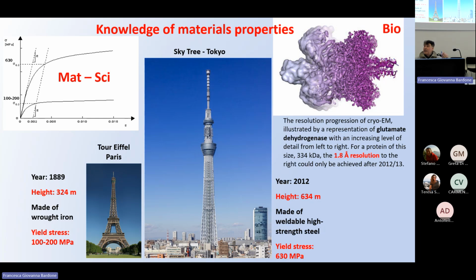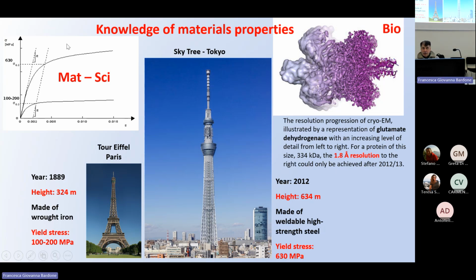So if you apply a higher stress, the material deforms. If you want to build a tower, you must be sure that the weight of the tower cannot deform the material. So at that time, using wrought iron, the maximum height was about 300 meters with this shape.